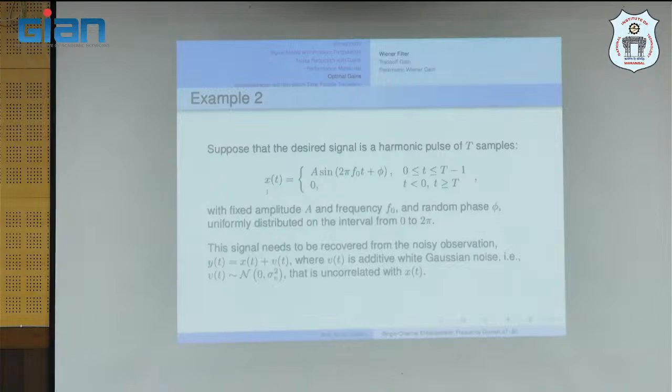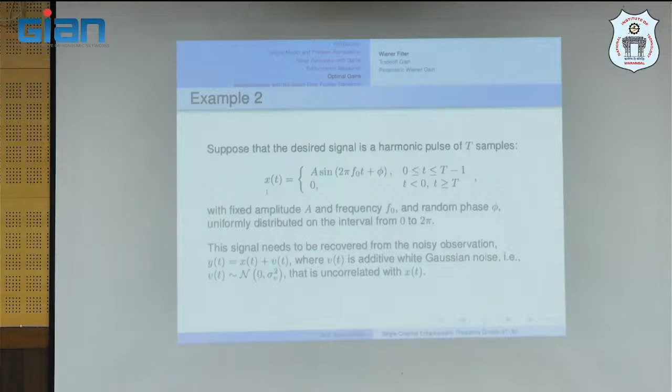But here, if we work in the frequency domain, we cannot do a Fourier transform on an infinite length of the signal. We need to restrict the length of what we measure. So suppose that we measure a signal of a certain length. How do we deal with that? Okay, so this is the time domain signal.